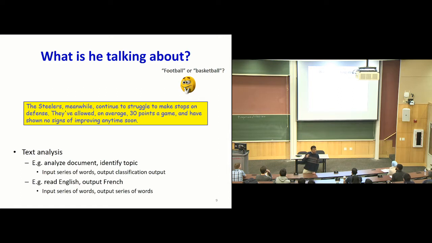After reading this, you've got to figure out whether it's about basketball or football. So you are performing a text classification task where you have to analyze the entire sequence of text before you decide the class.